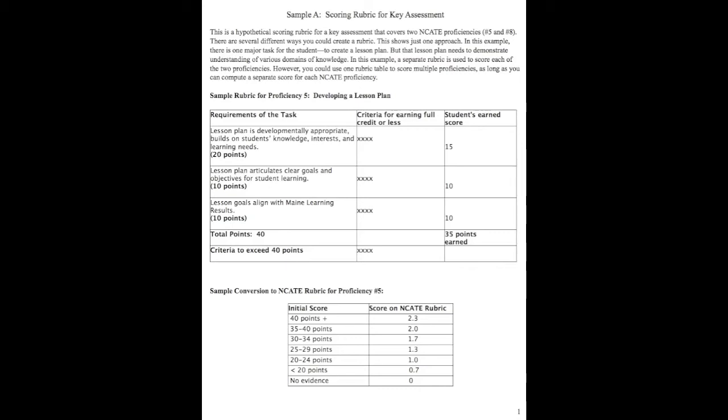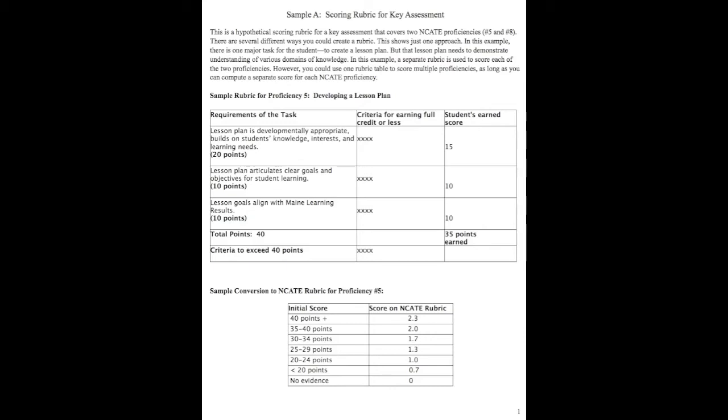To keep it simple, I have not shown what students must do to earn a certain number of points on each component, but you would want to include specific criteria that describe the quality of work expected for different scoring ranges, and that would show up in this middle column of the table.